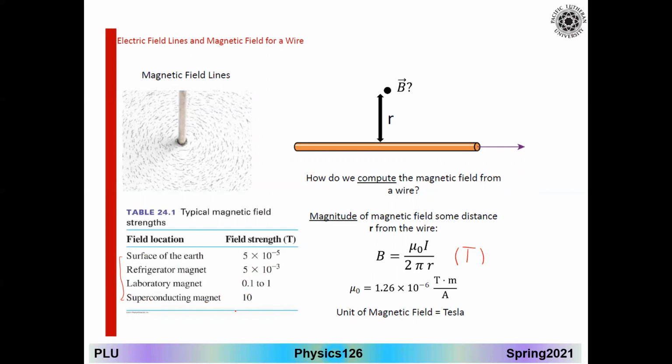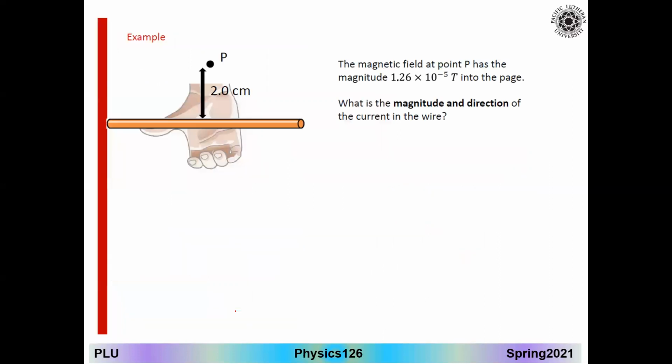So you're not expected to see bigger numbers when you make your calculation to find the magnetic field. If you get a very huge number, it doesn't make sense. You cannot go more than 10, which is a very, very high magnetic field. So keep this in mind when you solve a problem.